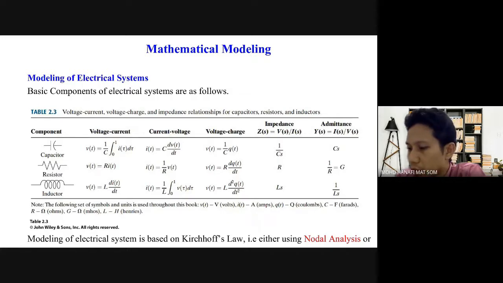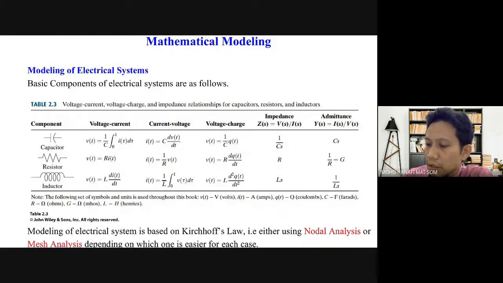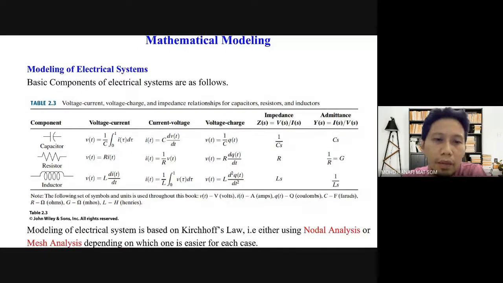The basic components of the electrical system, you can see in the lecture notes here. We have capacitor, resistor, and inductor. You can see the relationship between the voltage, current, voltage, charge, impedance, and admittance over here.